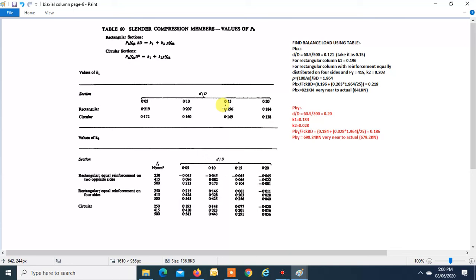K1 is 0.196. Now find the value of K2. Over here, we have considered a rectangular column with the reinforcement equally distributed on four sides. So for 0.15 and Fe 415, K2 value is 0.203. Now this is PT, which we found as 1.964.